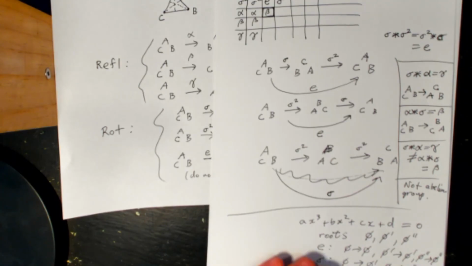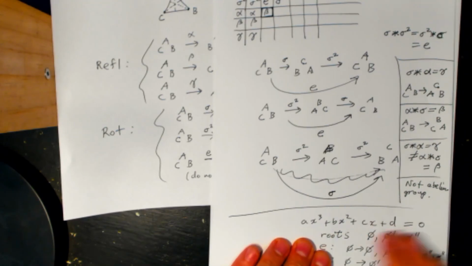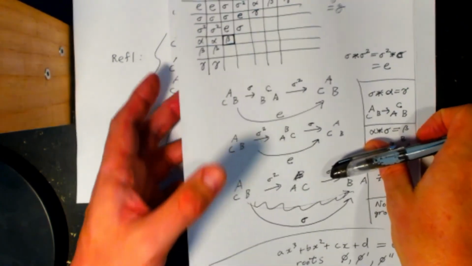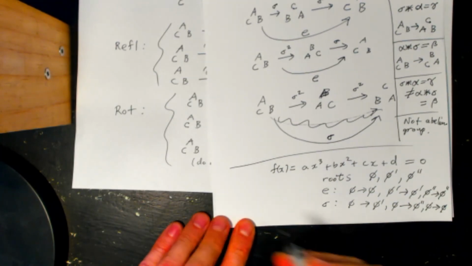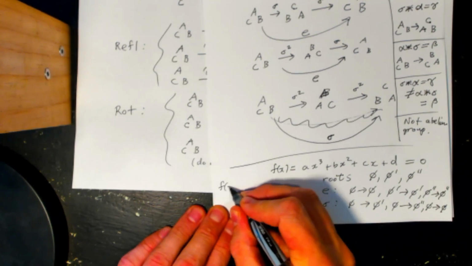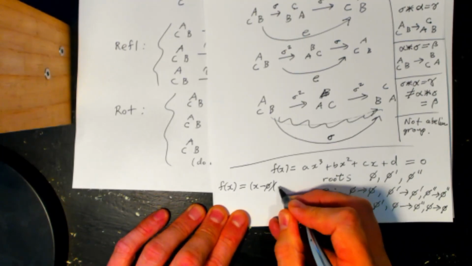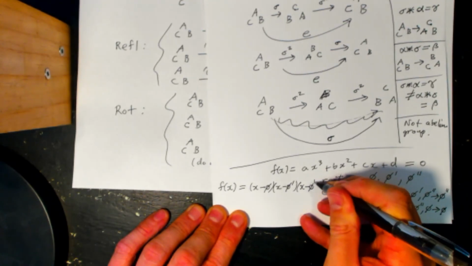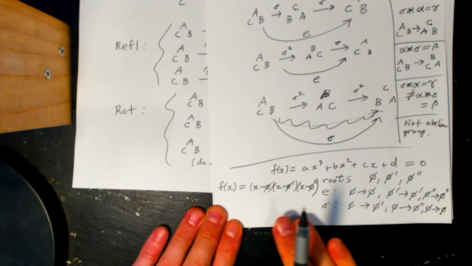Now, when you permute the roots of a polynomial, it has no effect on the polynomial. Let's call this f of x. A permutation of the roots would do nothing to the polynomial, so we can have an alternate representation as x minus phi times x minus phi dash times x minus phi double dash. So you see that if we just permute the roots and multiply it out, we're going to have the same polynomial.